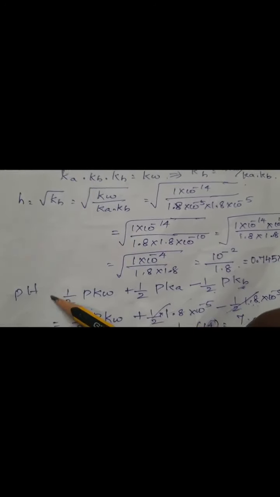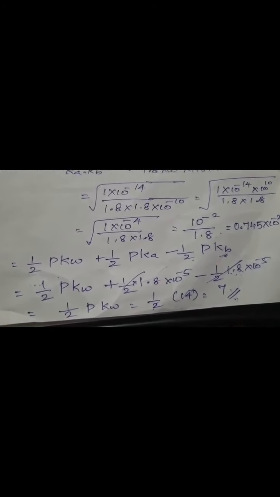The pH value can also be asked here. So pH is equal to half of pKw plus half of pKa minus half of pKb. This is a formula we have already studied in this lesson. So substitute the values for pKw, pKa and pKb.